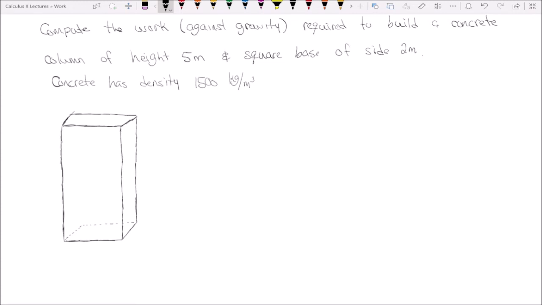All right, what do we know? We know that this is 2 meters. This is 2 meters. This is 5 meters. All right, so what we want to do is divide this up into slabs.